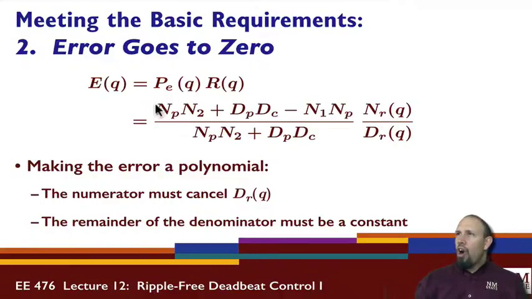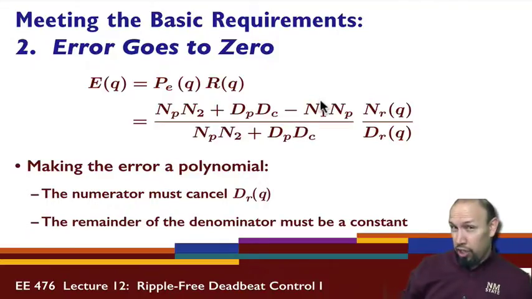Somehow all of this mess needs to come out to be a polynomial. Notice this term here looks like I have plenty of stuff in the denominator. So how am I going to get this to be only a polynomial? That's the mystery. Well, here's the mystery revealed, the solution to this mystery.